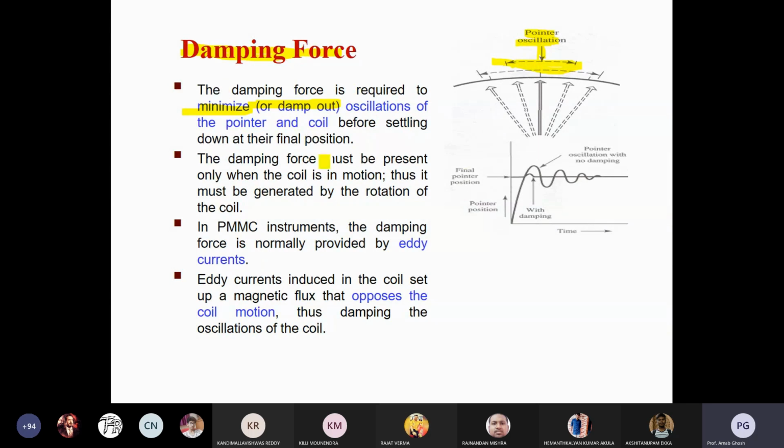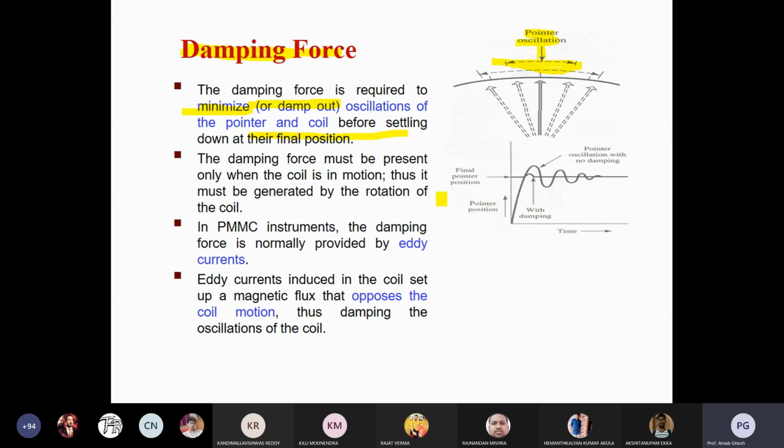From the figure you can understand that we are asking for critical damping: not so fast and not so sluggish. We have to design for that and keep it in mind. The damping force must be present only when the coil is in motion, thus it must be generated by the rotation of the coil.